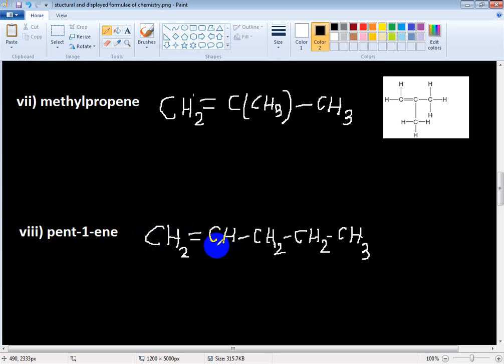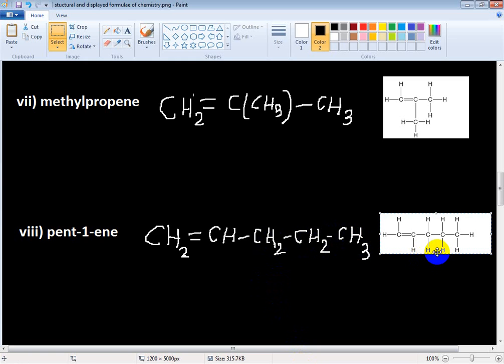This carbon has 1 bond, 2 bonds, 3 bonds, so 1 bond is formed with hydrogen. This carbon has 2 bonds, 1 bond, 1 bond, 2 bonds, 2 more bonds will form with hydrogen. This carbon has 1 bond here, and 3 more bonds will form with hydrogen. This is the displayed formula of pent-1-ene.